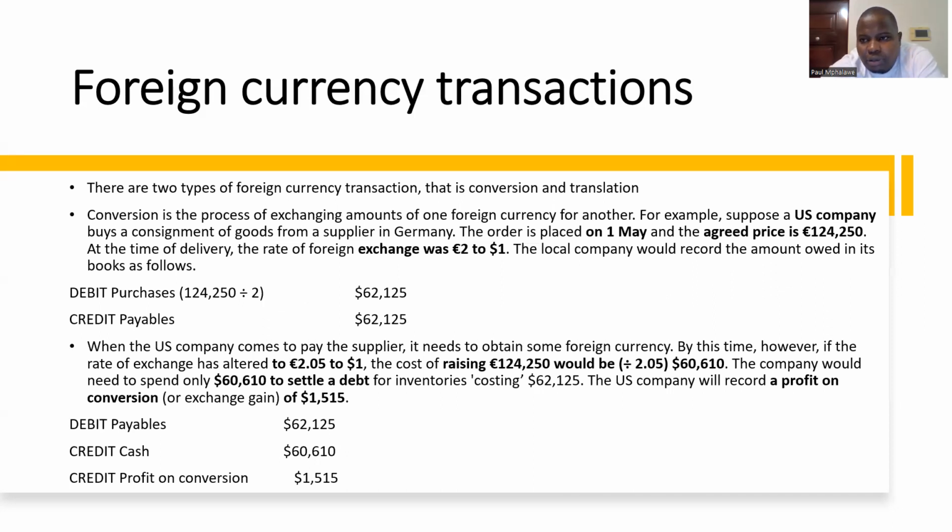Why are we debiting payables? Because we've settled, the company has settled. Remember, payables are a credit entry. So debiting shall mean settlement. Okay, the corresponding entry of a settlement is 60,610, which is cash, and the profit realized is 1,515. That is very simple.